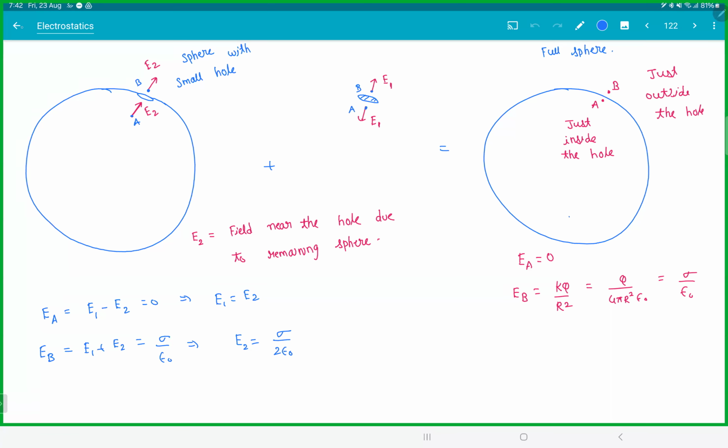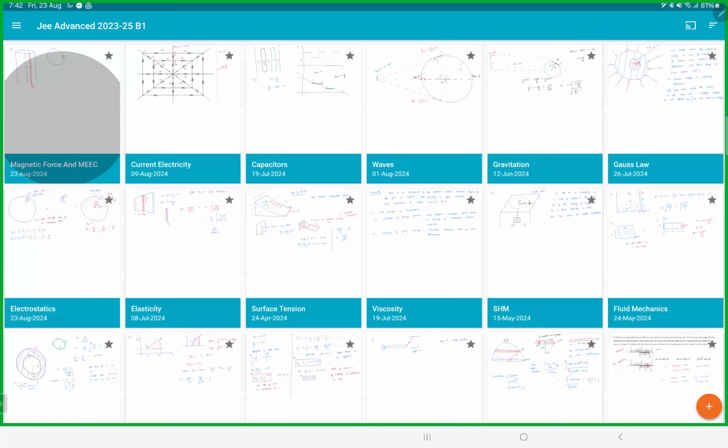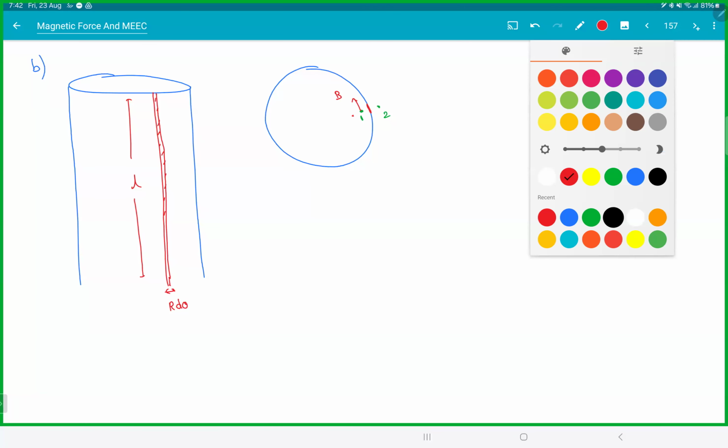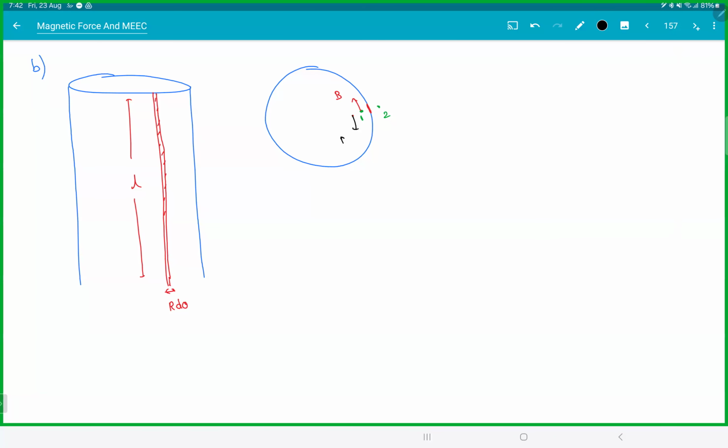You'll always get that. So now due to the thin slice, let's say the field is B, and the other one would be B dash. B dash is due to all the remaining wires, the rest of the cylinder.